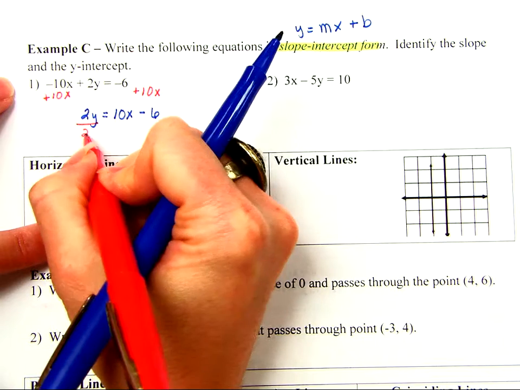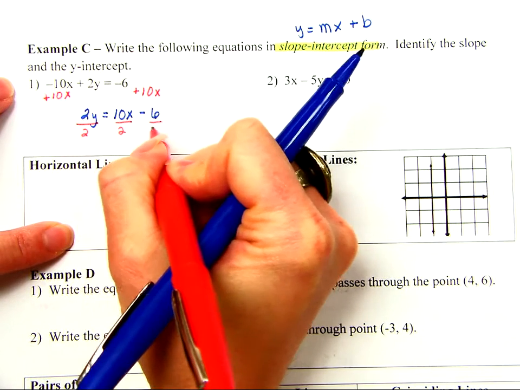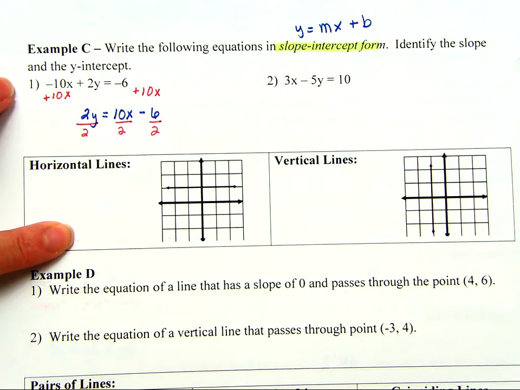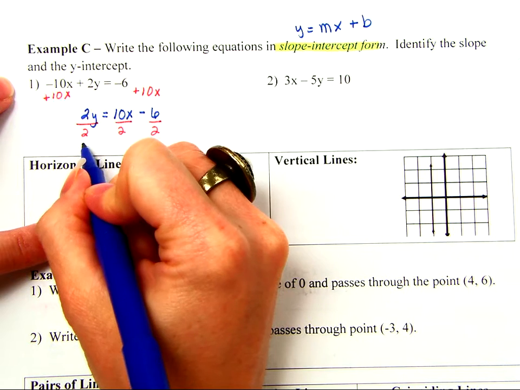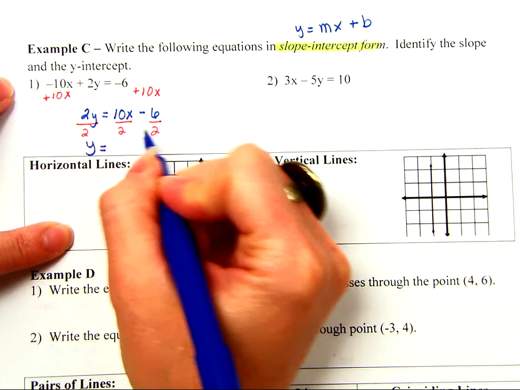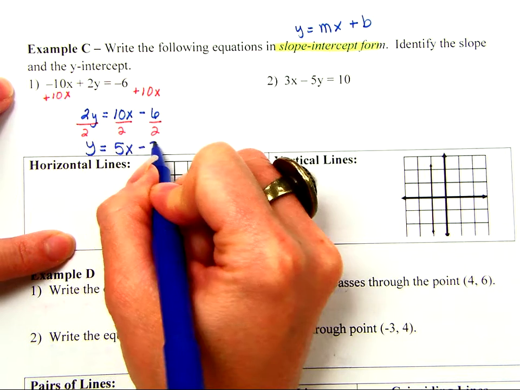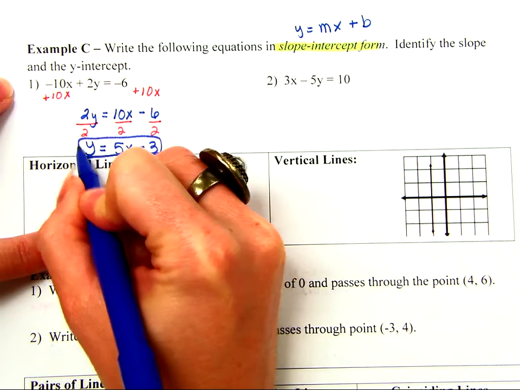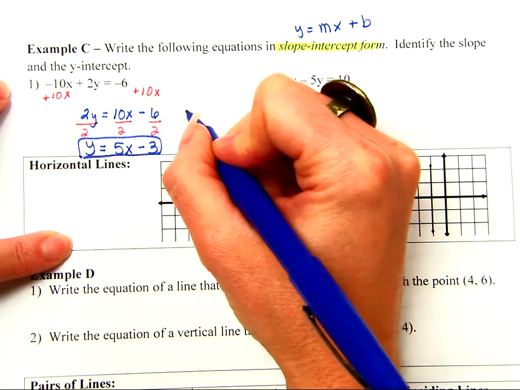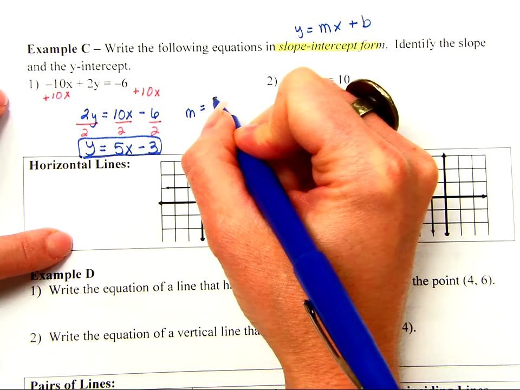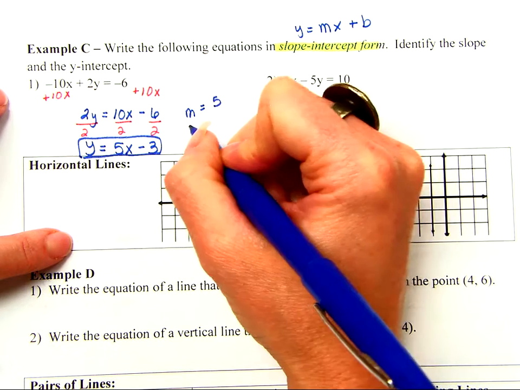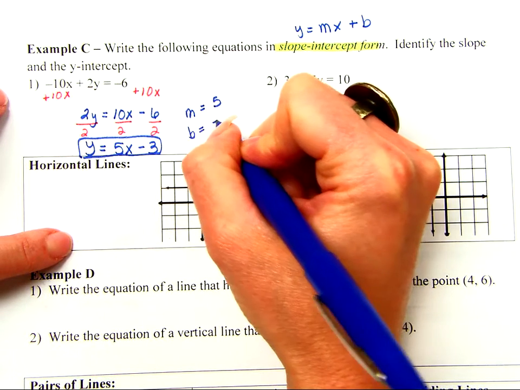But I have to make sure that I divide everything by 2. And so in slope-intercept form, we find out that y equals 5x minus 3. What does that tell me? Well, my slope would be 5, or 5 over 1, and my y-intercept would be negative 3.